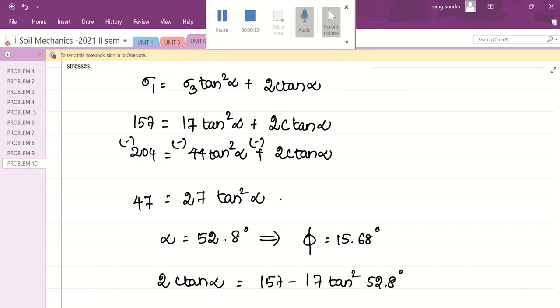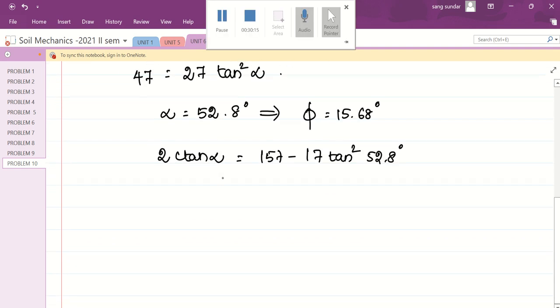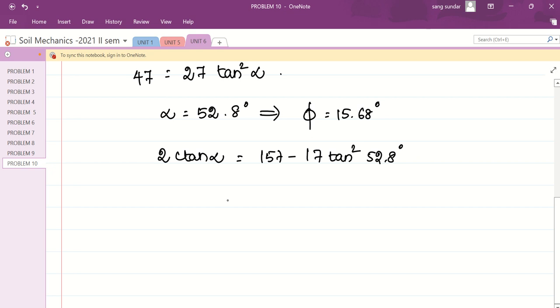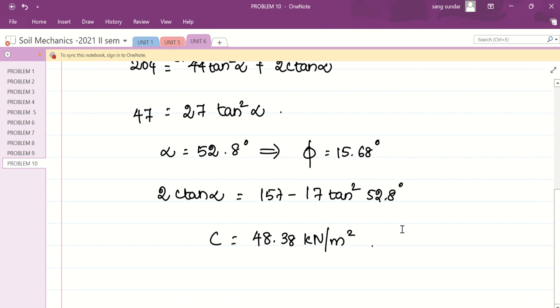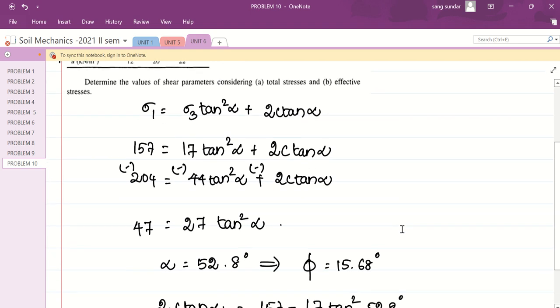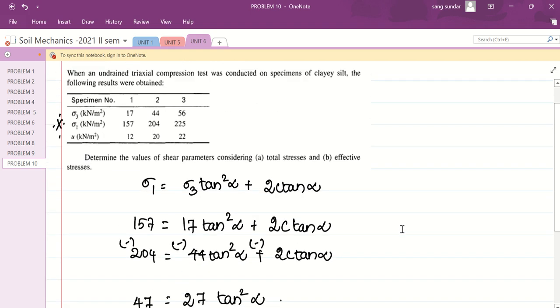On solving this equation, you will get, here also substitute alpha value, so you will get your C value as 48.38 kilonewton per meter square or kPa. Right? That's it. And the same one you can even solve at effective stress conditions. I'll just write the equation. You can do it on your own.